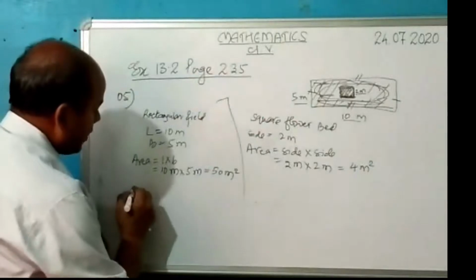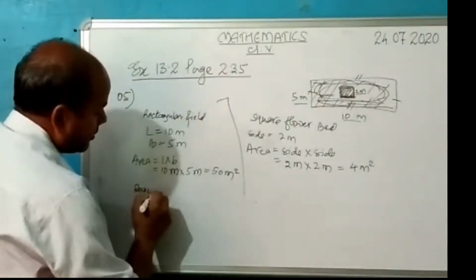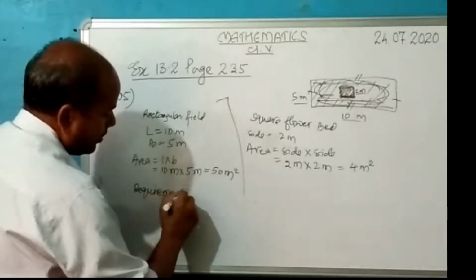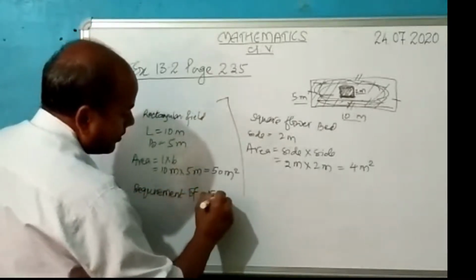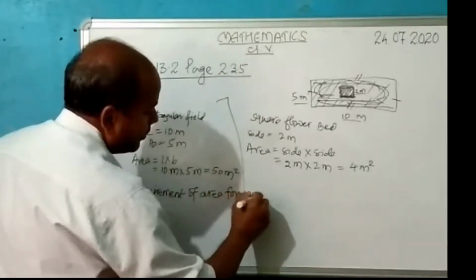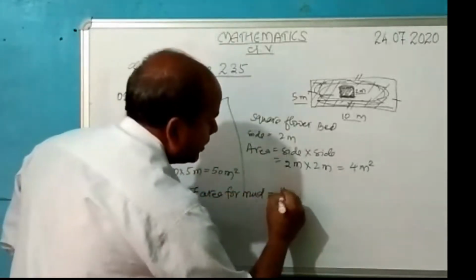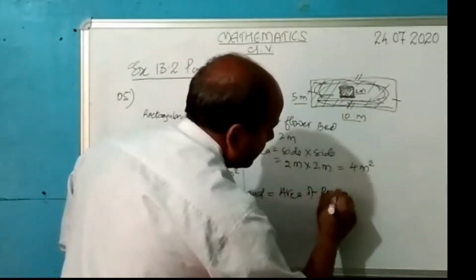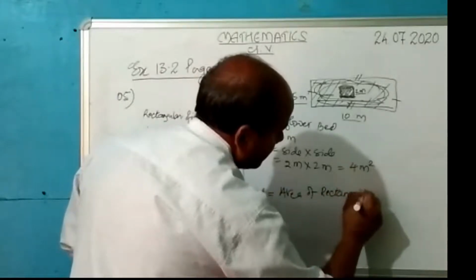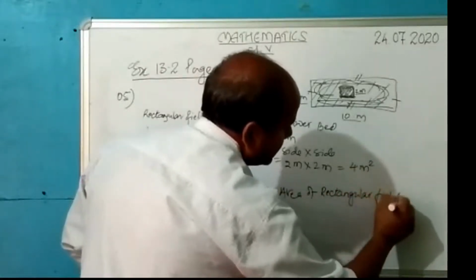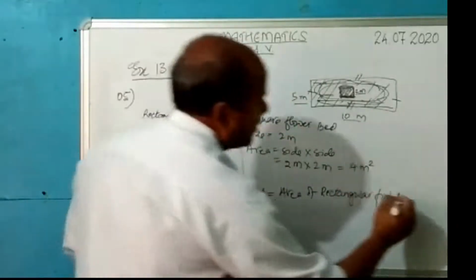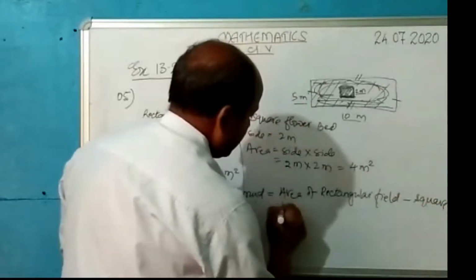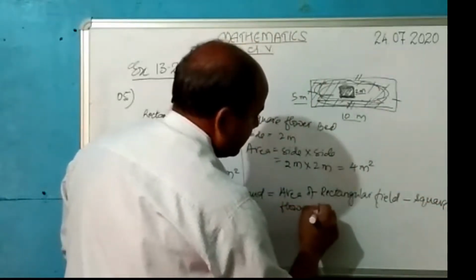Therefore, requirement of area for mud is equal to area of the rectangular field minus area of the square flower bed.